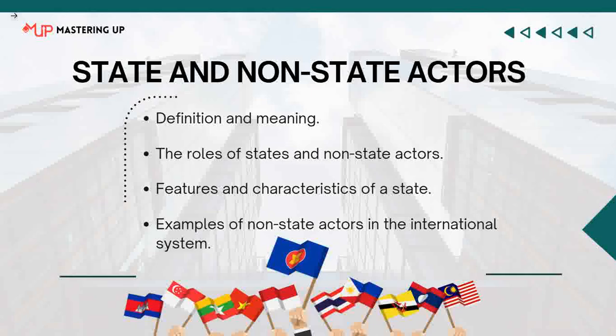They help to maintain international peace and security, they promote economic development, and so much more humanitarian aid that they give out. So yes, state and non-state actors are definitely a key concept of international relations because they are key players in the international system.